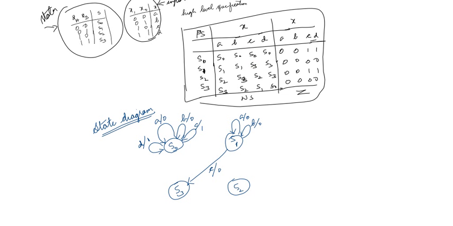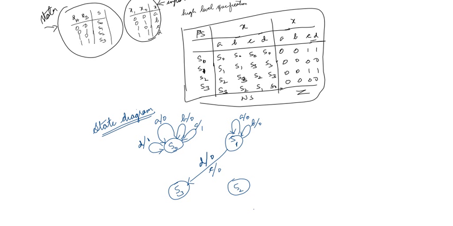And what is the output? Z is the output. The output is 0. When the input is D, again we go to the same state S3 with the output 0. So for both, this is 0.